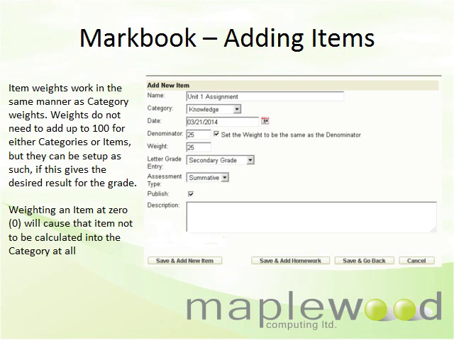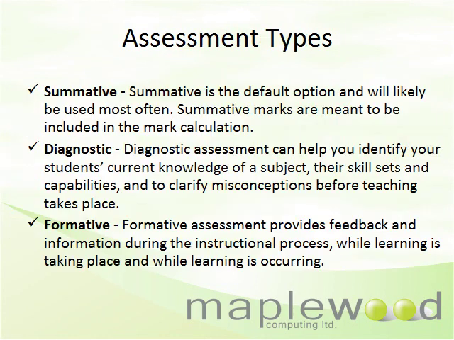So item weights and categories, as we talked about before, show the ratio of one item to another item or of the category to another category. If you don't want this item or category to count in the overall calculation, be sure to set the weight to 0. The different assessment types, we alluded to that when we set up the Markbook.